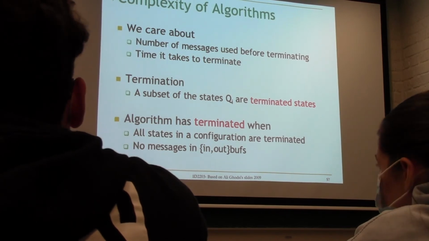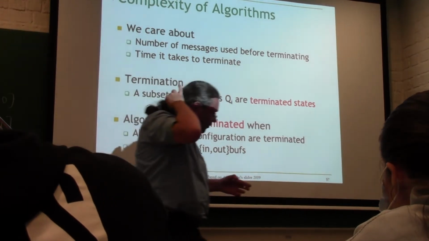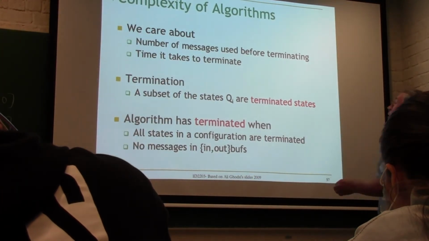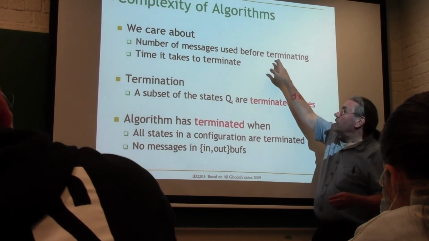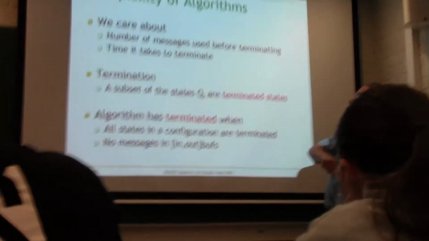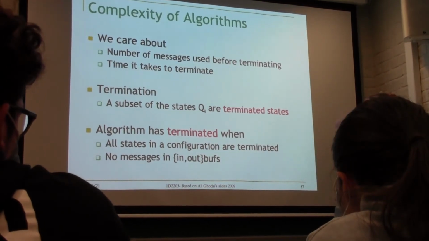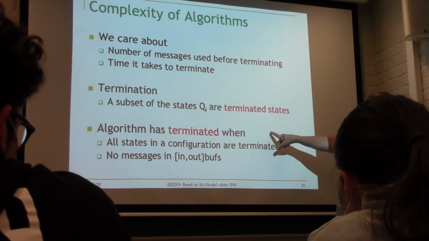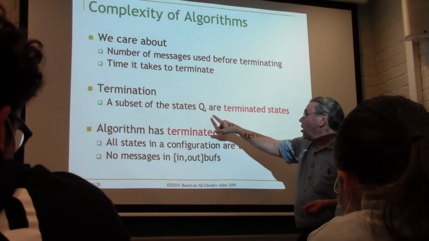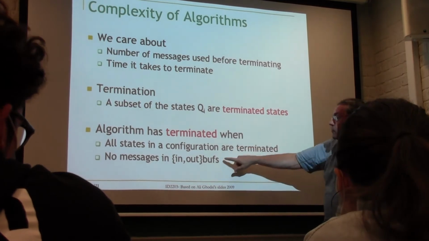The model does not have hardware clocks, but that's not so important. Really more important is how many messages, and how many comp events. When an algorithm terminates, all of the states are terminated and there are no more messages.